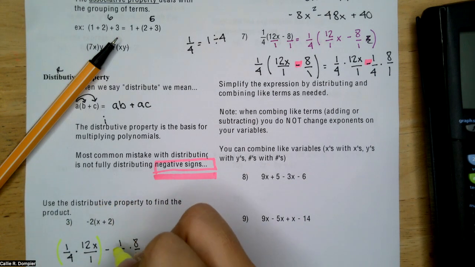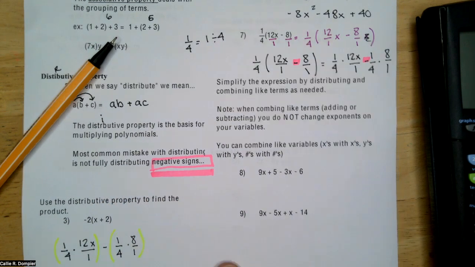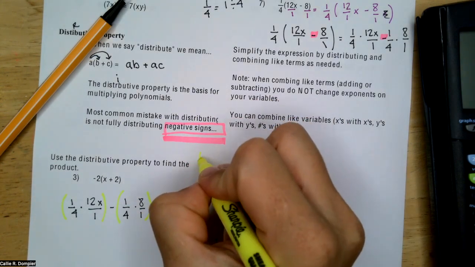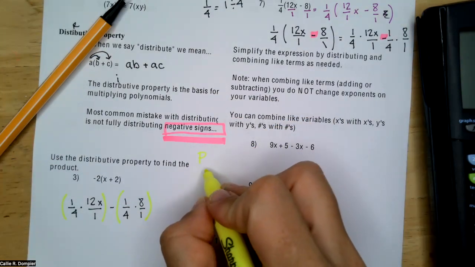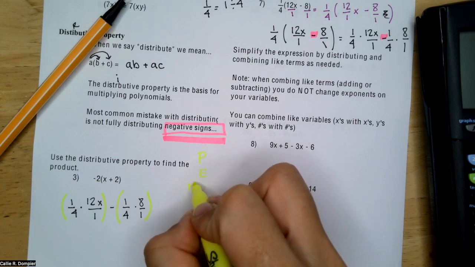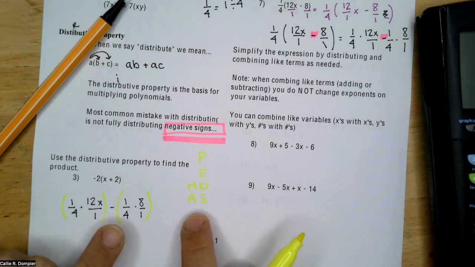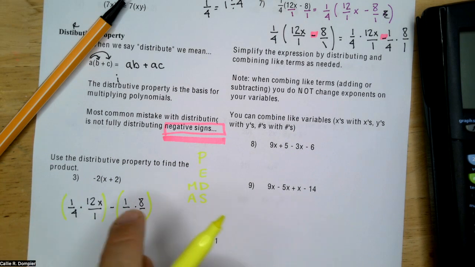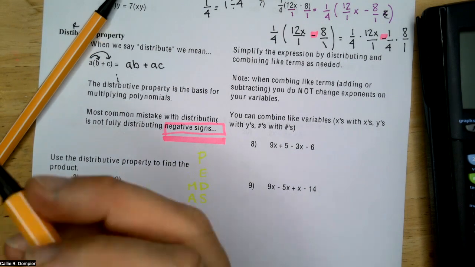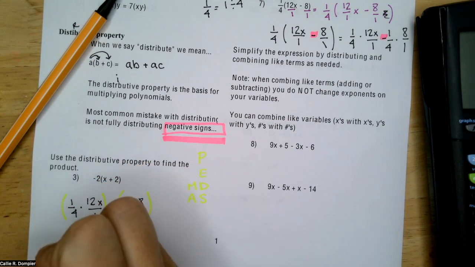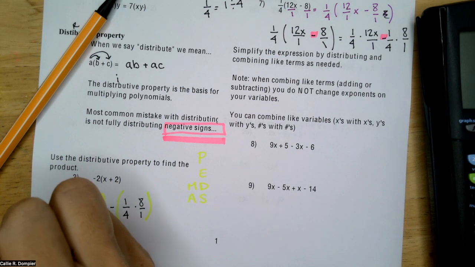But because these are being multiplied, you can even put parentheses around them, okay? We're going to multiply before we subtract because we have parentheses or grouping symbols, exponents, multiplication or division, and then addition and subtraction. So we're going to subtract the very last. We're going to multiply these first, right? To multiply fractions, we've done this before. 1/4 times 12x/1.